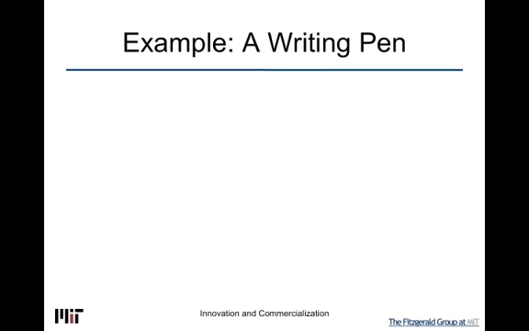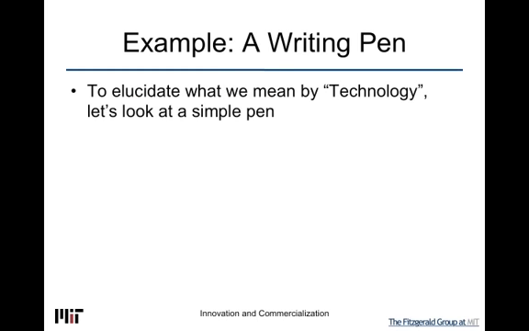So if we were to say that I wanted to look at the technology element for innovation in a writing pen, this example will allow us to show you what we mean by technology, because again, technology, just like innovation, is a nebulous word, but in our model we have to explain exactly what we mean by that.